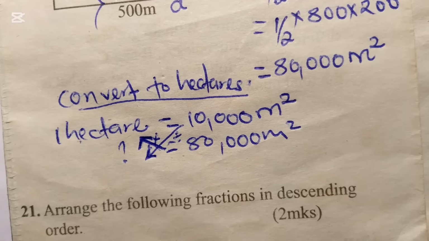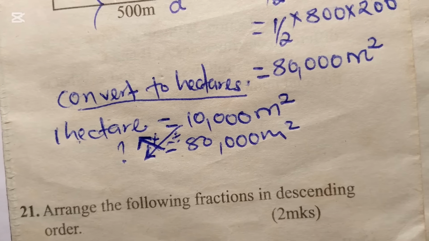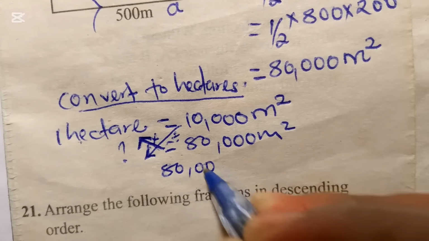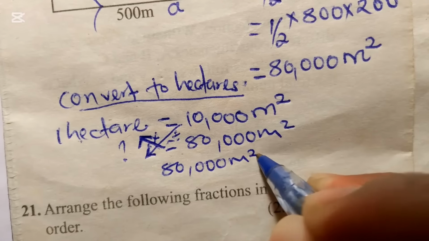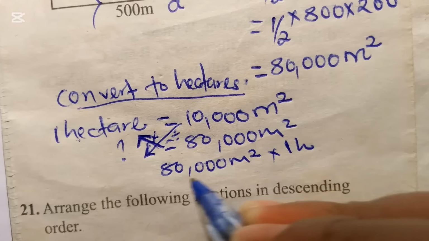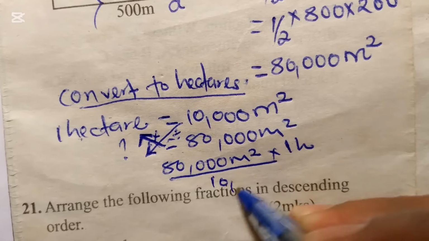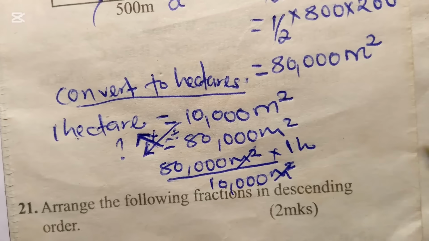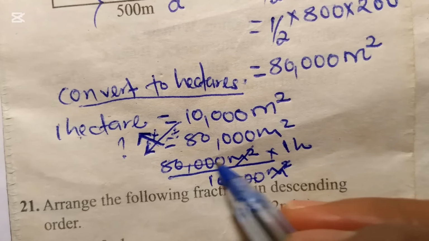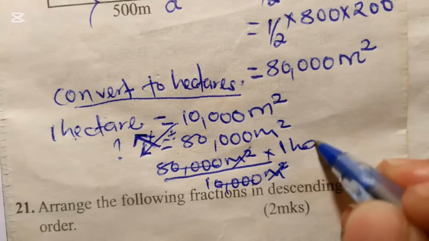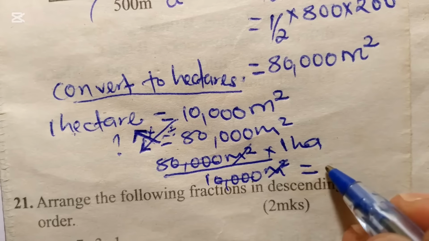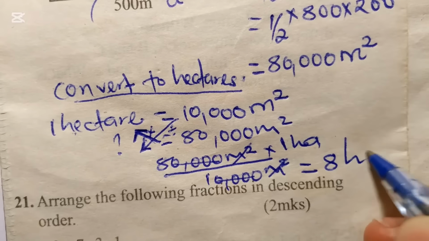It's very common. So we'll have 80,000 square meters multiplied by 1 hectare divided by 10,000 square meters. Square meters cancel square meters. 4 zeros cancel 4 zeros. This is 1 hectare. We remain with 8 times 1, which is 8 hectares.